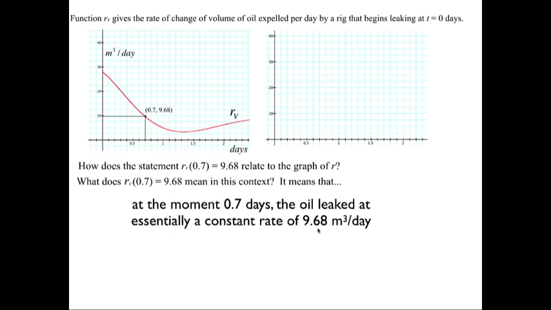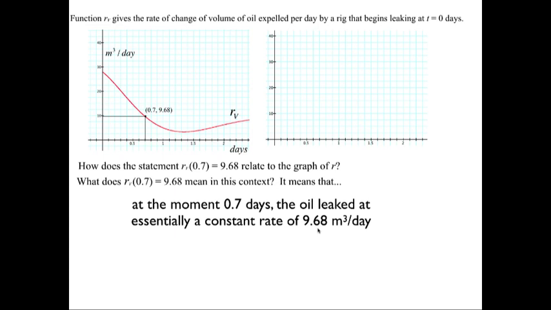For any small change in the days, the corresponding change would be 9.68 times the change in the days. Exactly. Given any small change in days, the additional amount of oil expelled would be 9.68 times that number of days. And it has to be small.